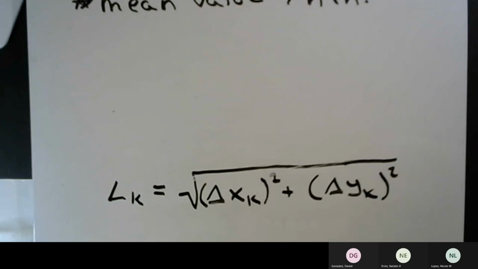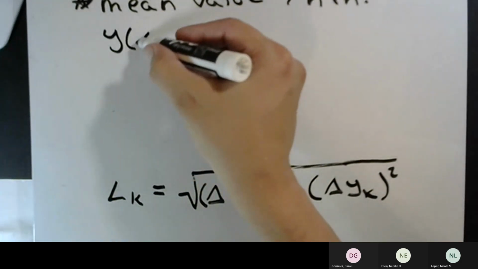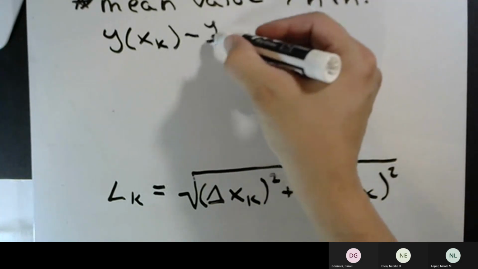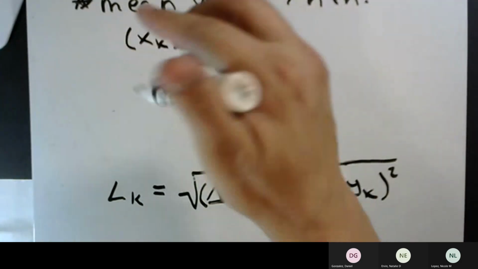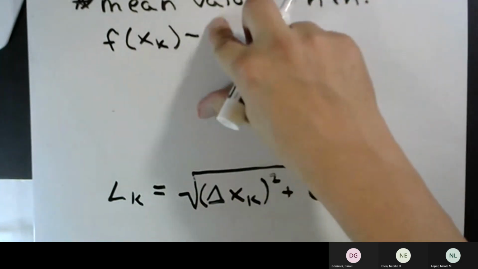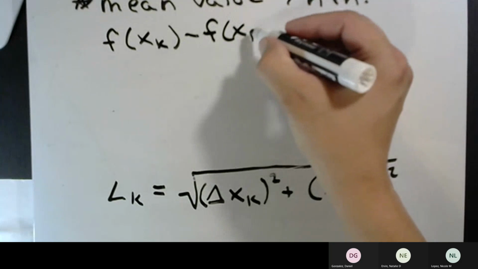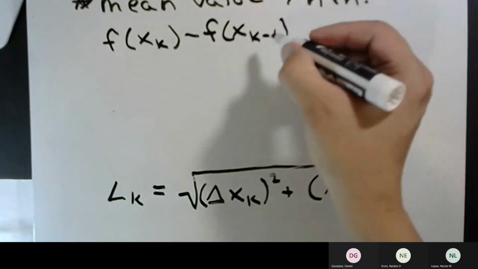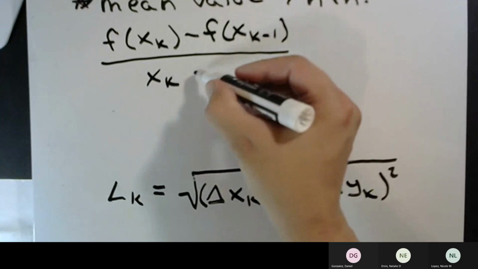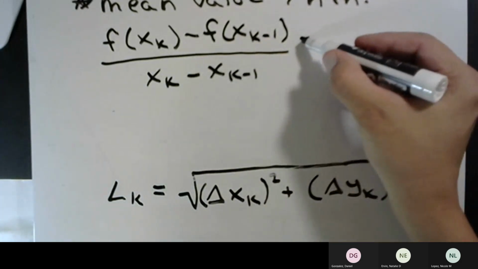And what this is going to say is this. f at xk minus f at xk minus 1 over xk minus xk minus 1.